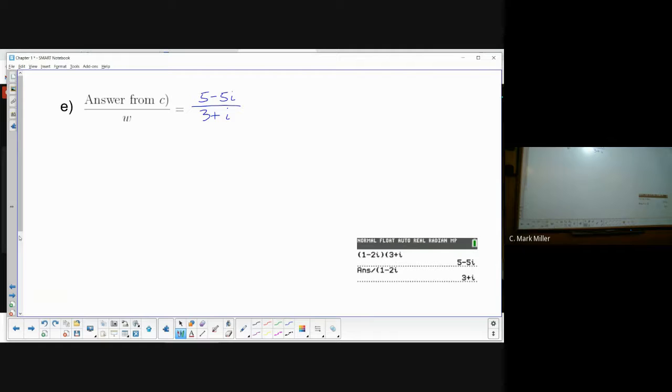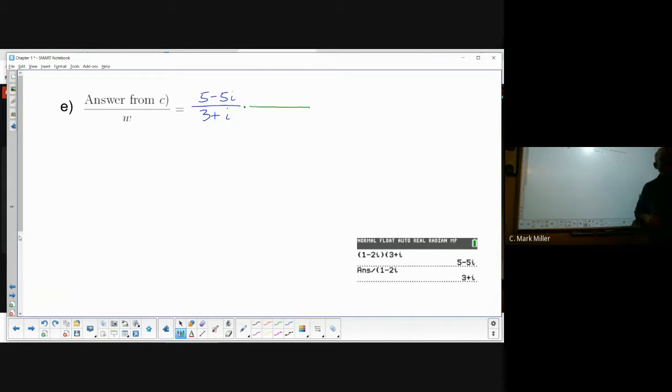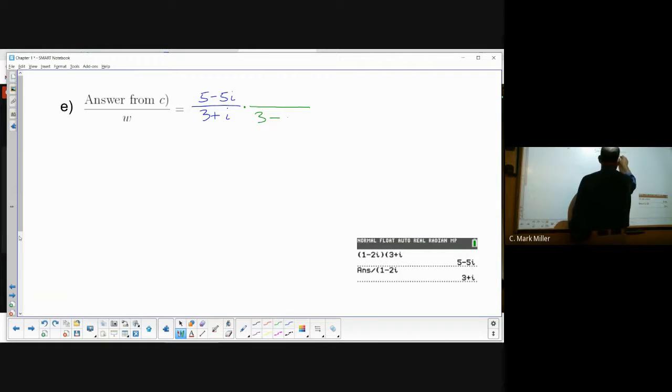Now, what do you do? Well, we're going to multiply by 1. Never underestimate the power of multiplying by 1 or adding 0 in a strategic way. So we are going to pick a number that deals with this fraction in the denominator, and the number we're going to pick is the conjugate, 3 minus i.